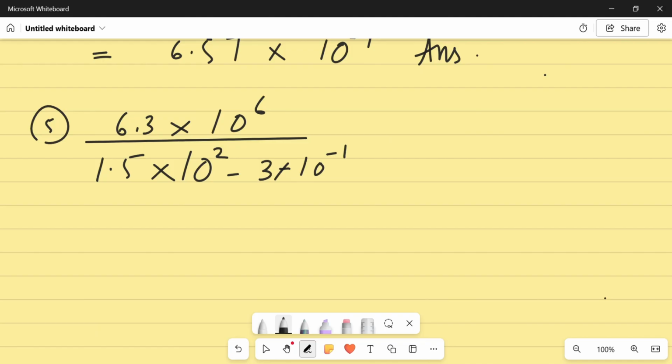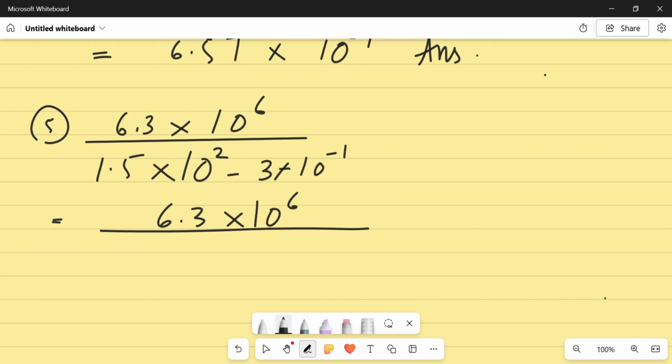Now in this question, the numerator will remain the same. Okay. Bring this 1.5, this 10 to the power 2 into 10 to the power minus 1, right?